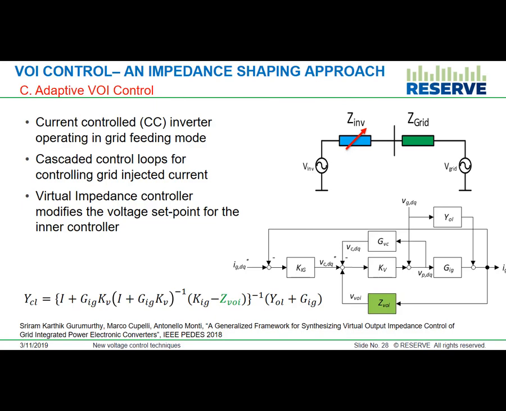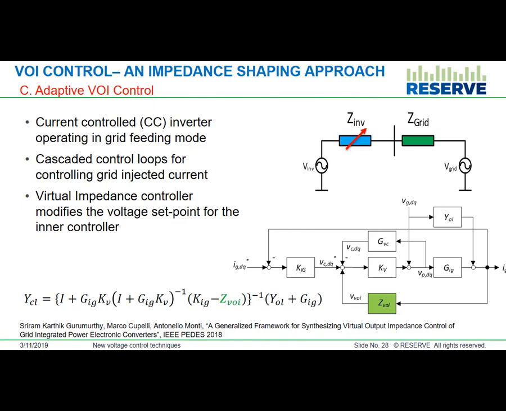So the idea is to use the grid current measurement and use this virtual output impedance control term, and this modifies the capacitor voltage command, which comes from the outer control. If I do the mathematical formulation and try to find the transfer function from Ig to Vg, then you get this, the output admittance of the inverter.